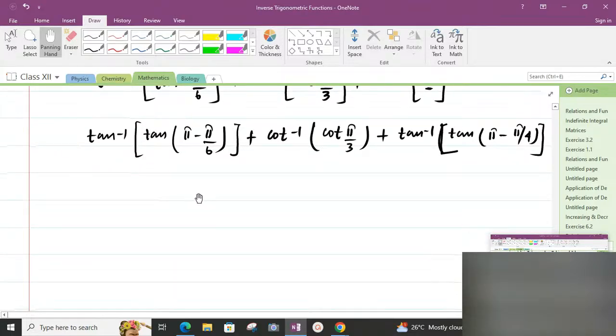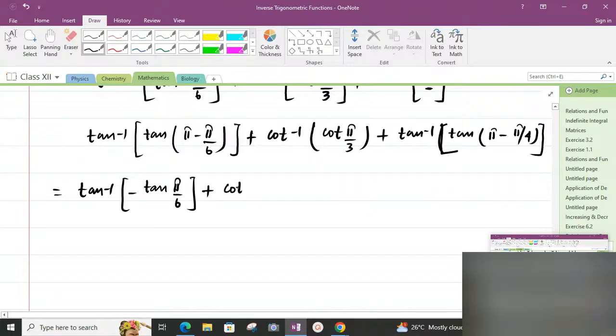Here will be tan inverse minus tan pi by 6 plus cot inverse cot pi by 3 plus tan inverse minus tan pi by 4.